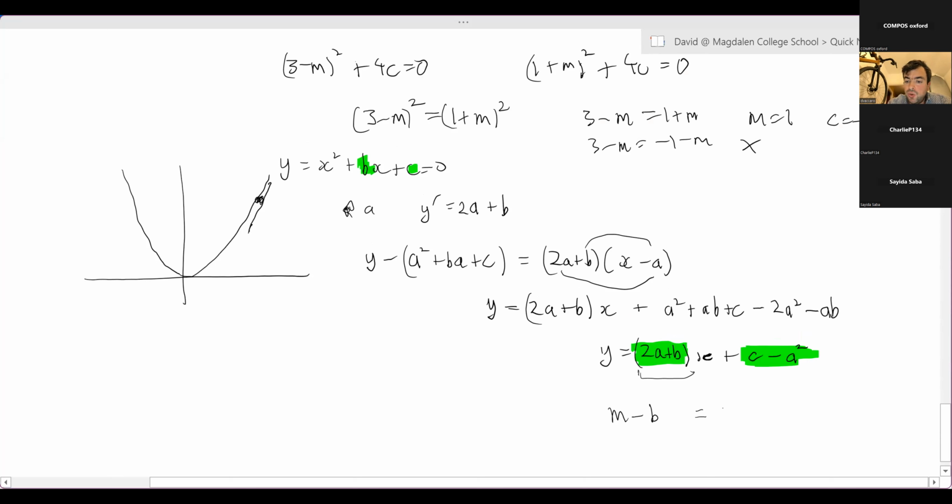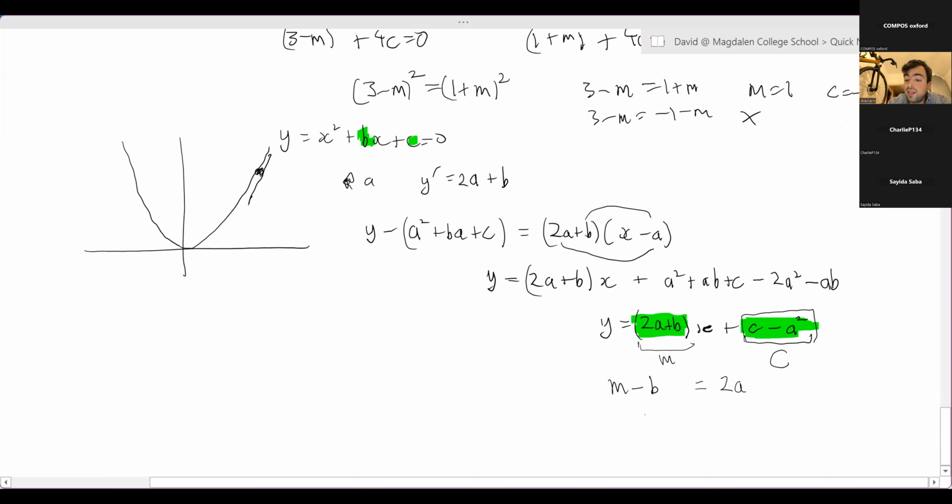you get 2a. And if you just take the c in your line and subtract the c here, then you get minus a squared.